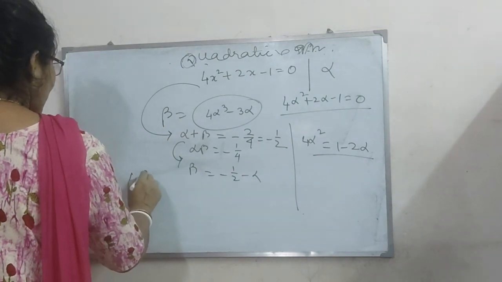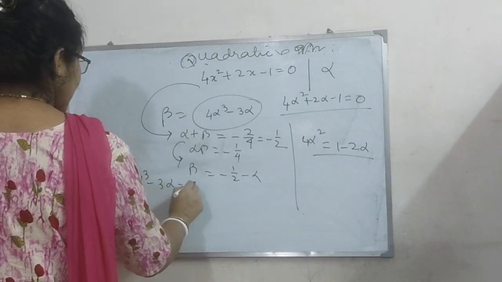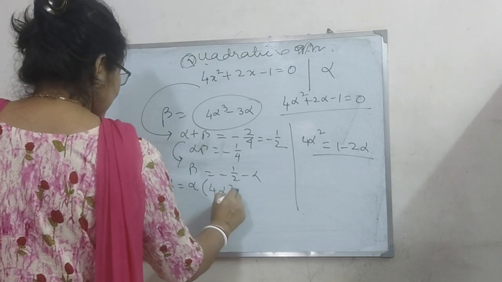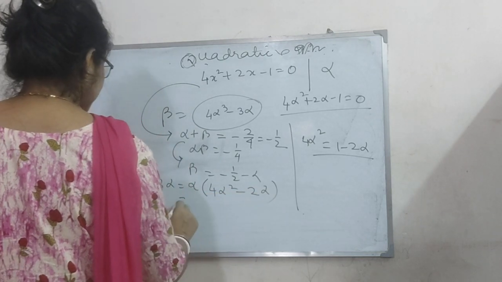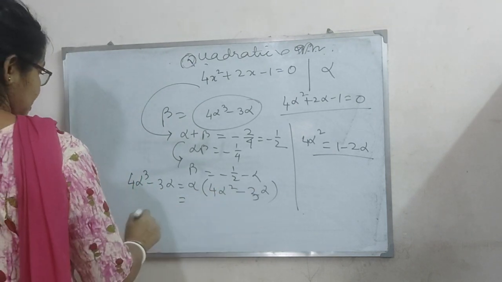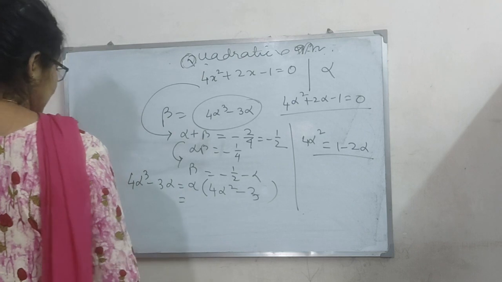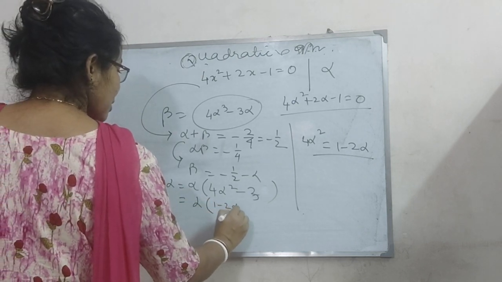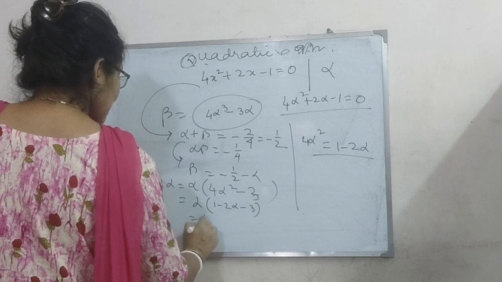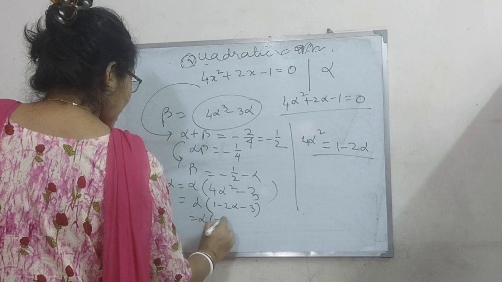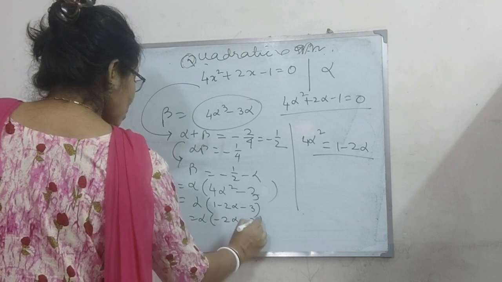So 4 alpha cube minus 3 alpha: taking alpha common, it is alpha times (4 alpha square minus 3). Substituting 4 alpha square equal to 1 minus 2 alpha, minus 3, this equals alpha times (minus 2 minus 2 alpha).